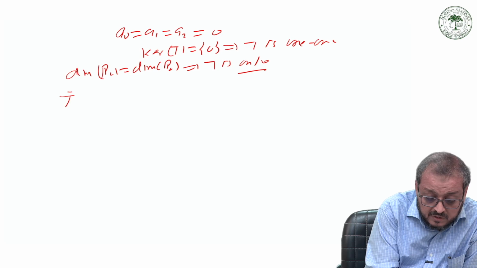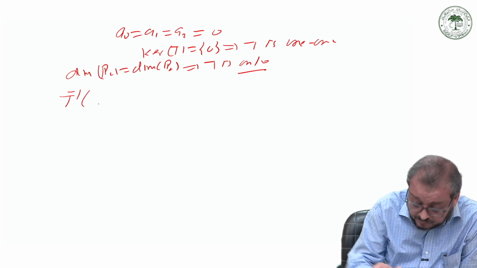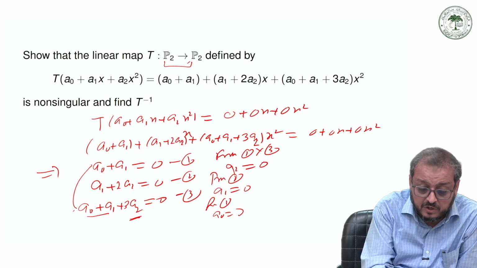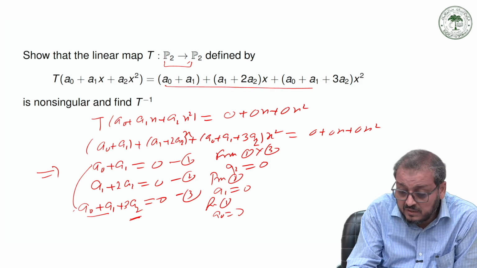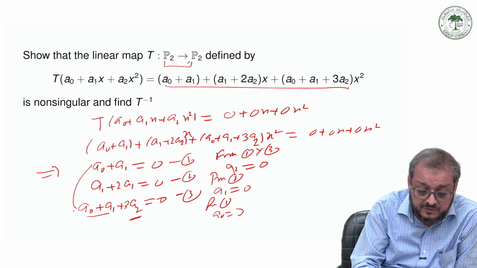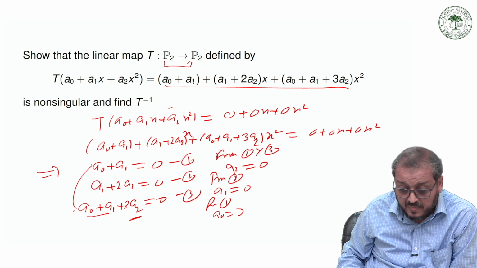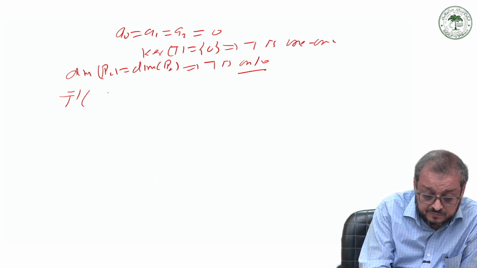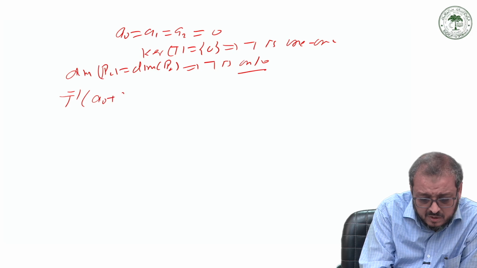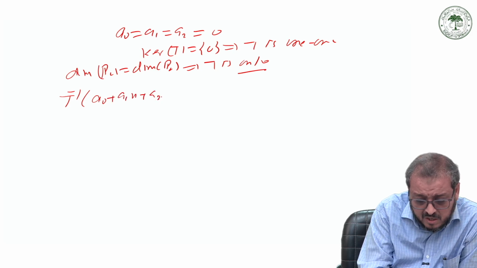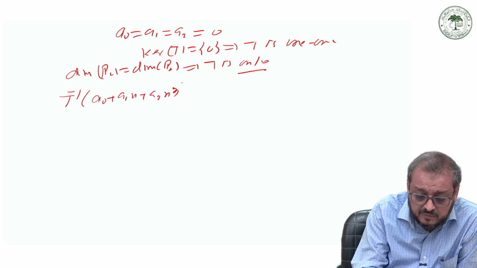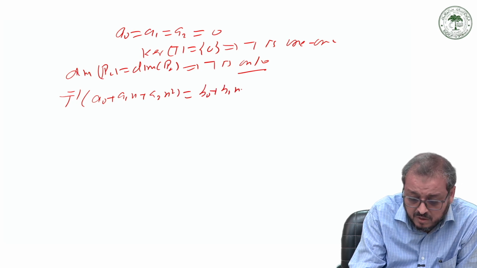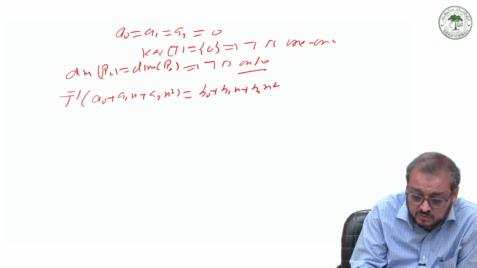So we have to find T inverse of this map. We define T inverse of a naught plus a1x plus a2x square is equal to b naught plus b1x plus b2x square.